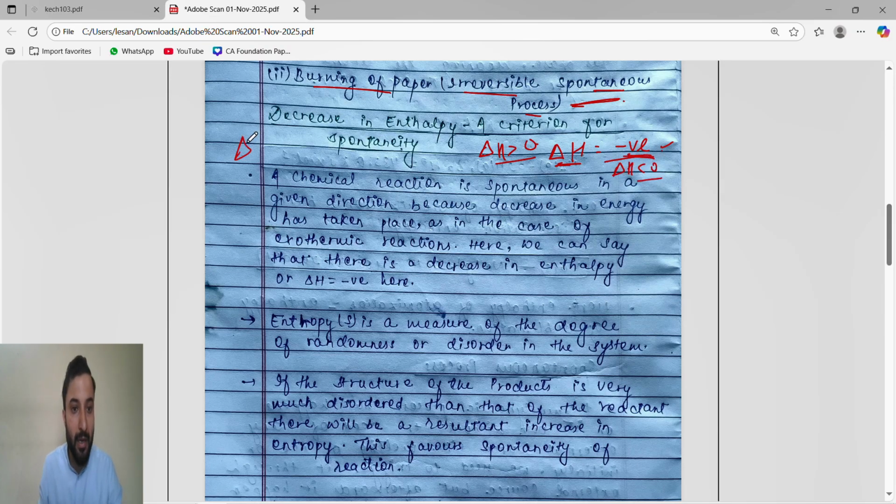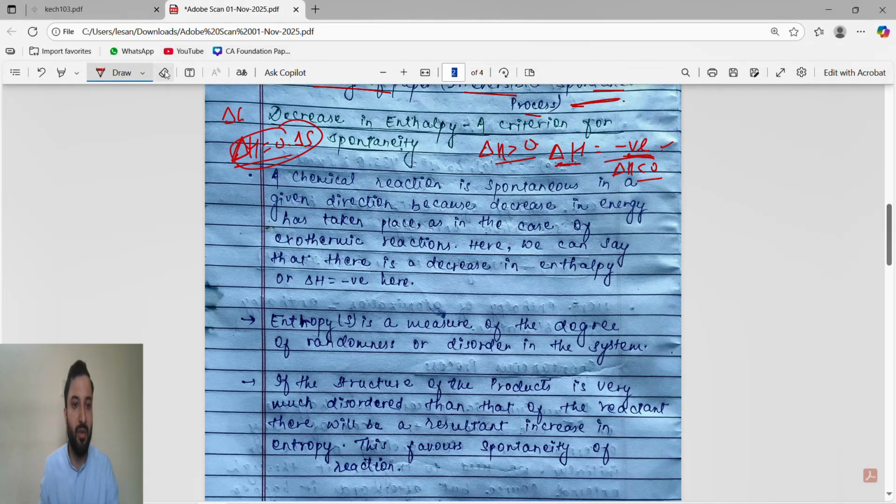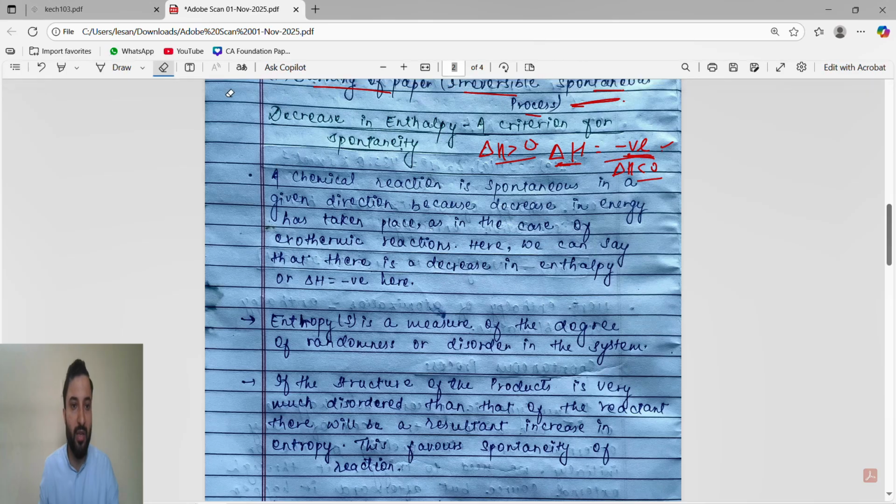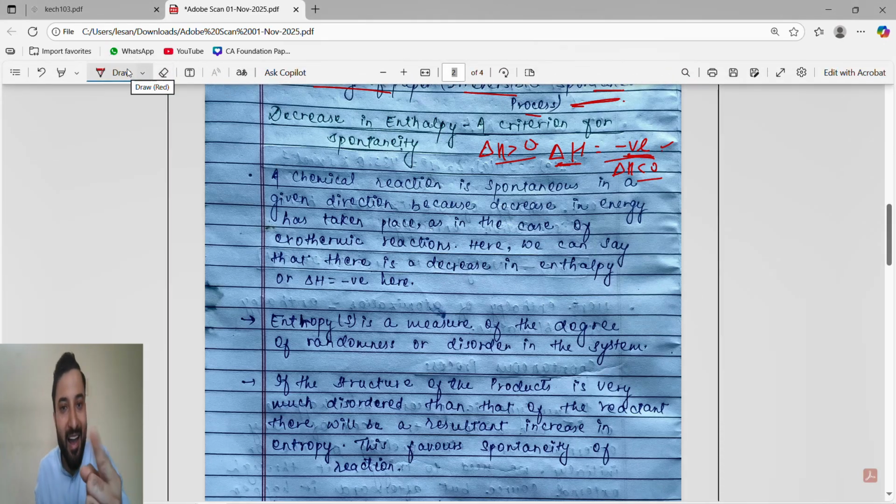So now, when is delta H equal to 0? Any delta, delta H the change in enthalpy, delta G the change in Gibbs energy, delta S the change in entropy, any change is 0 at equilibrium. Everything is zero at equilibrium. Delta H, delta G, delta S, everything is zero at equilibrium.